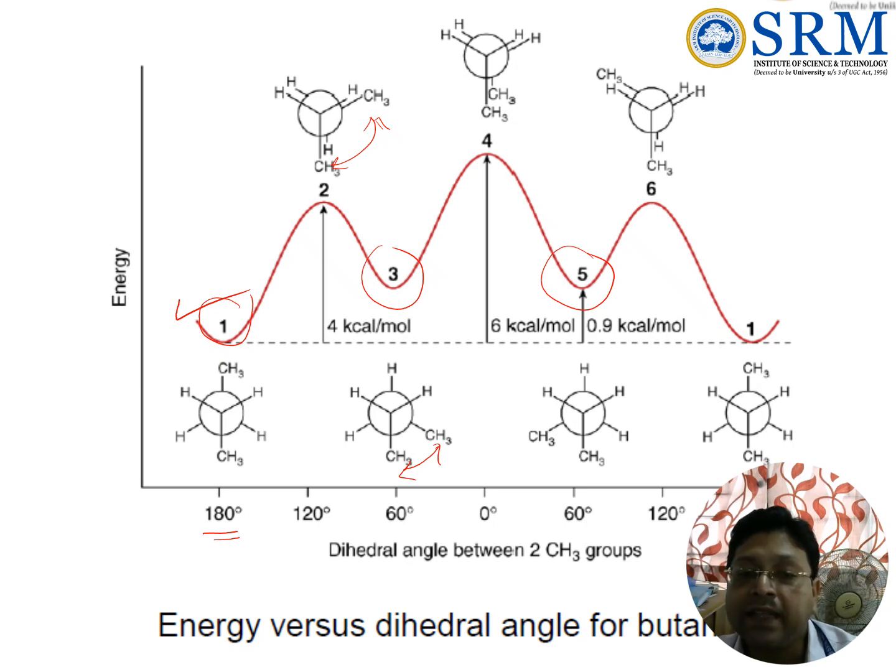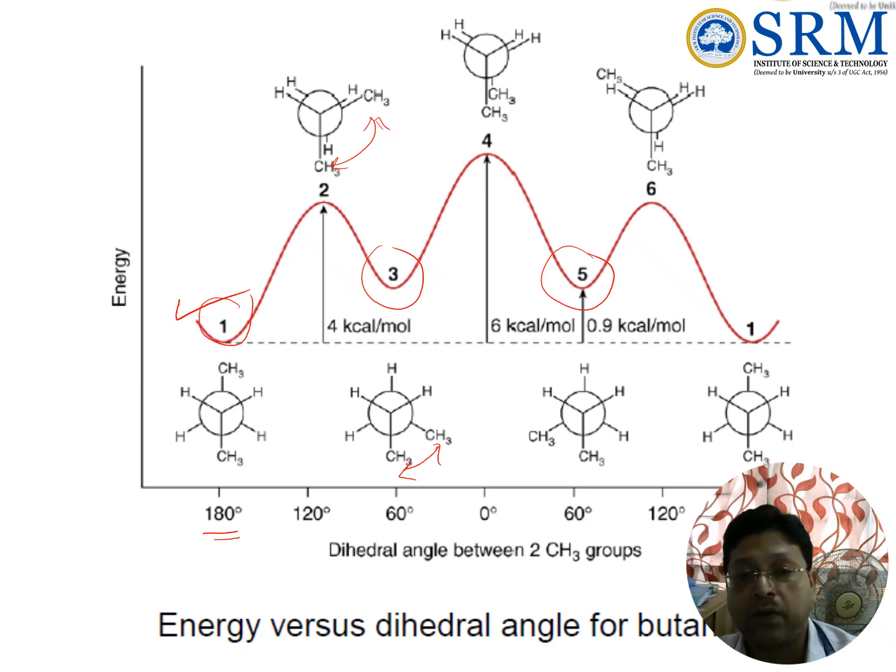So if we consider the most favored conformation, anti, as a baseline, then with respect to this, for the eclipsed conformation 2 or 6, the energy difference is 4 kilocalorie per mole. And from this baseline, for the total eclipse conformation, the energy difference is 6 kilocalorie per mole.